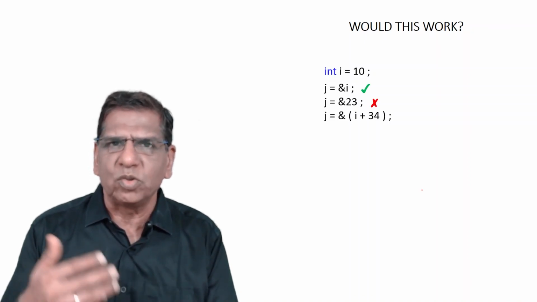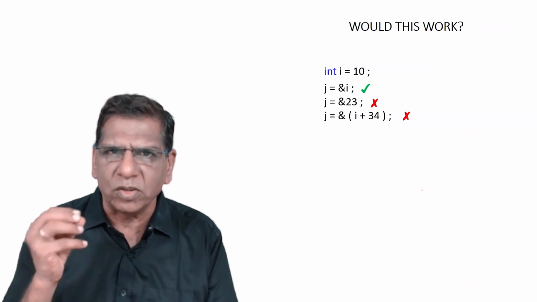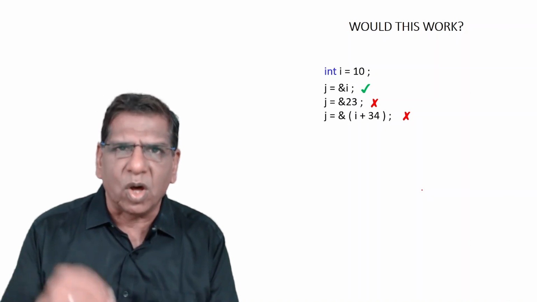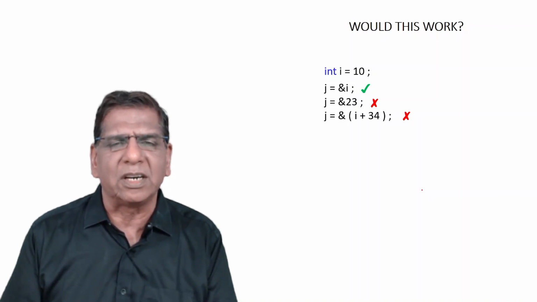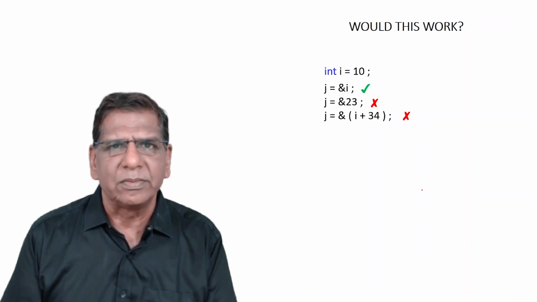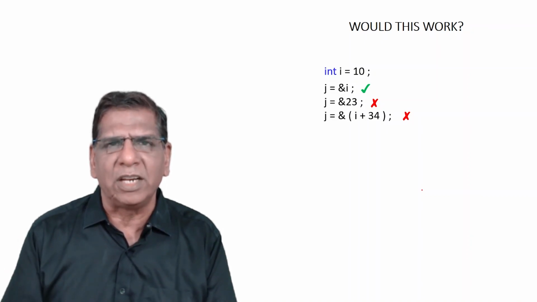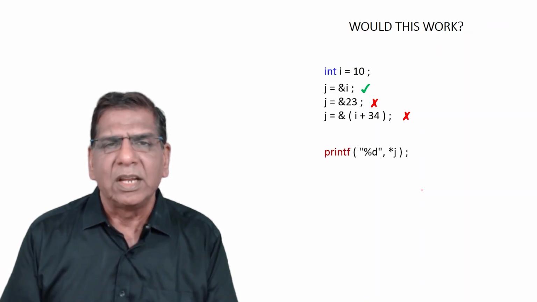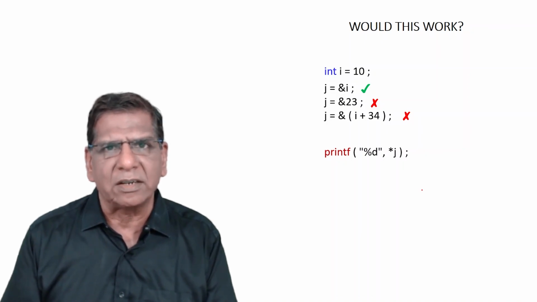The reason why the next two are not okay is because you cannot take the address of a constant like 23, nor can you take the address of an expression like i + 34. In other words, I can say that & can be used only with a variable, never with a constant, never with an expression.